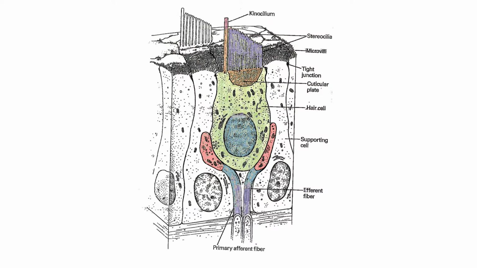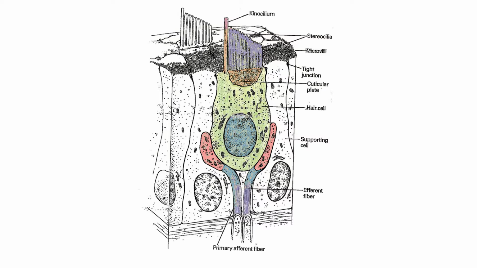The vestibular apparatus also uses hair cells in order to sense fluid movement. So when we look at these hair cells, we're going to see, first of all, a very, very thick, long fiber, which is called a kinocilium. Then, next to that, we're going to see a series of thinner, shorter stereocilia.